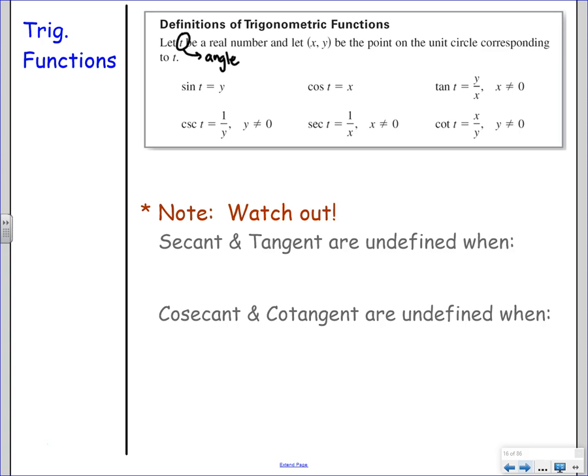So let me give you a second to write these down. But as you do, let me get that little triangle back for any x, y in the unit circle. You could memorize these little formulas, or you could review right now.